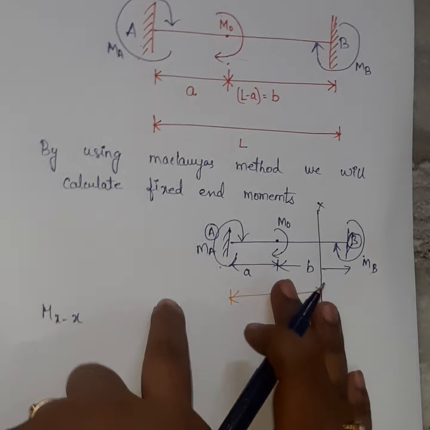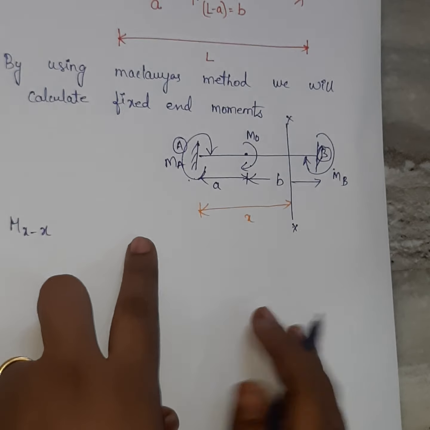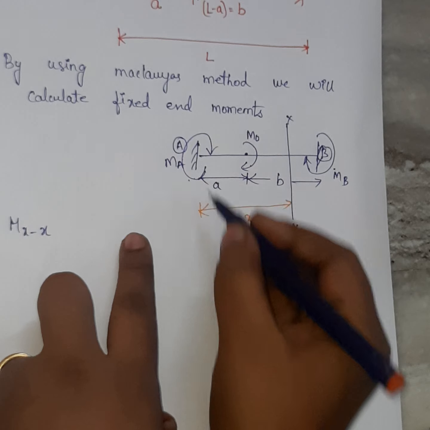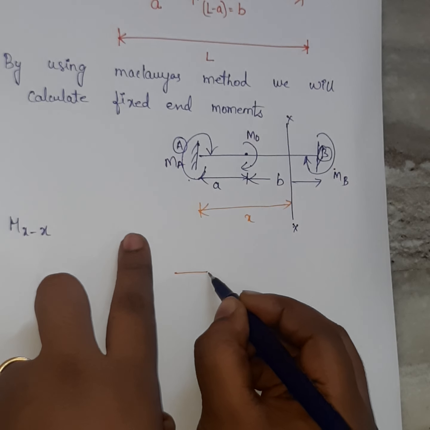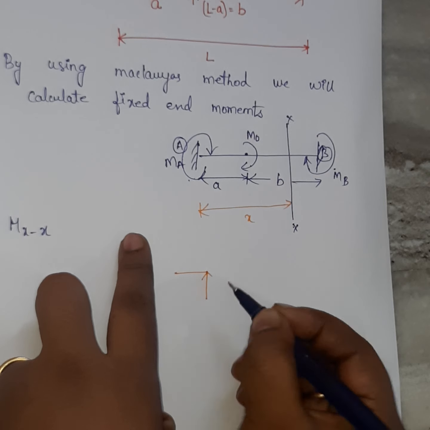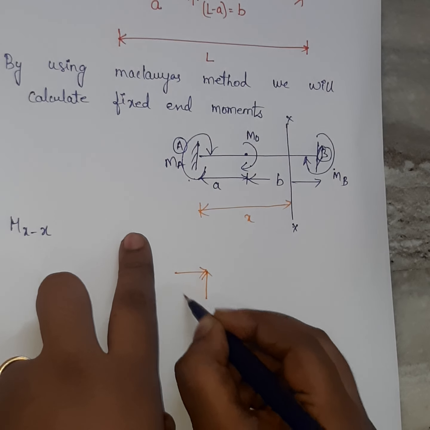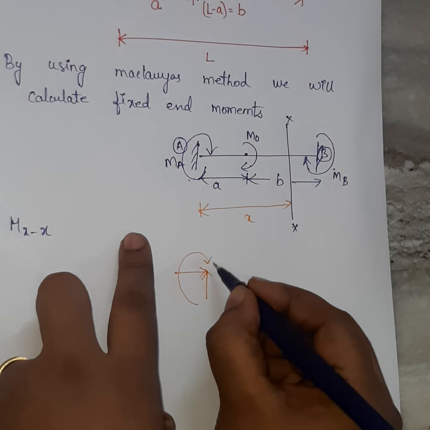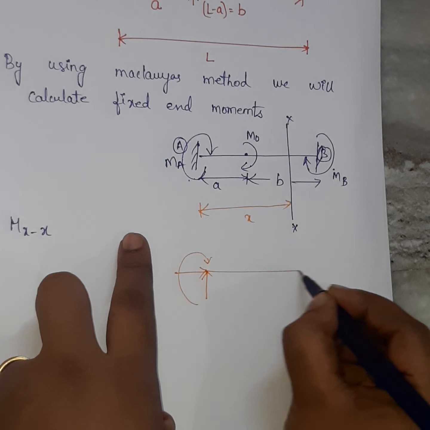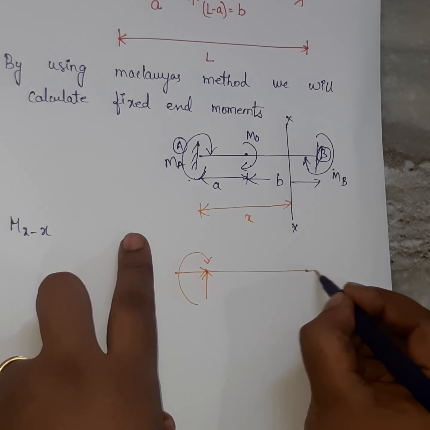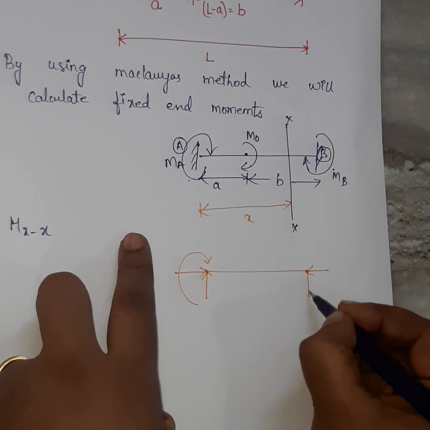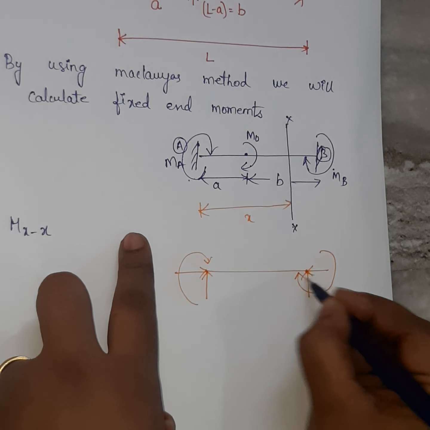So see here. Here I am drawing the free body diagram once again. For a fixed beam, horizontal force, vertical force and moment will act, right? This is my fixed beam. Here also horizontal force, vertical force and moment.